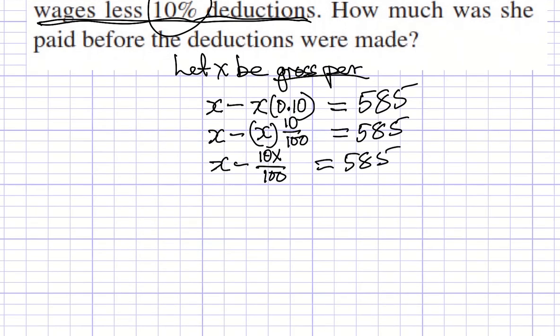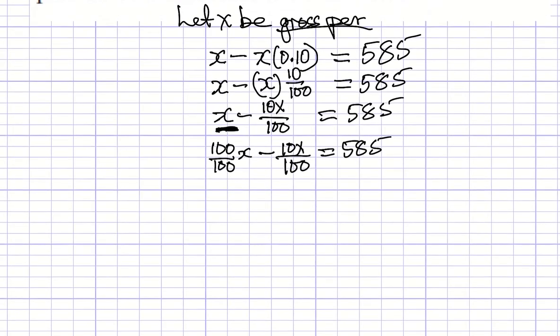Okay, so we'll play tricks. We don't want to have a denominator of 100 here, so that we can simplify stuff. So we'll say 100 over 100, which is 1. X minus 10x over 100 equals 585. See that, right? Basically we'll have the same denominator now.